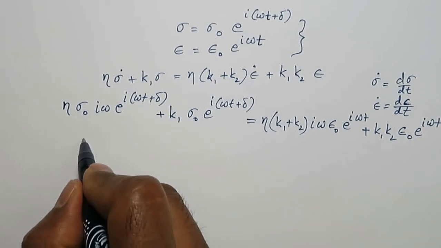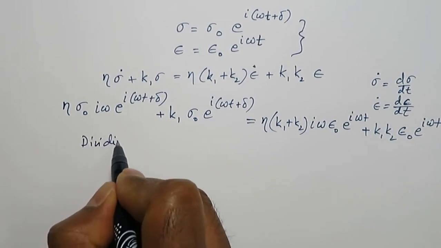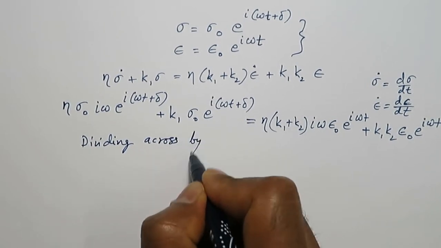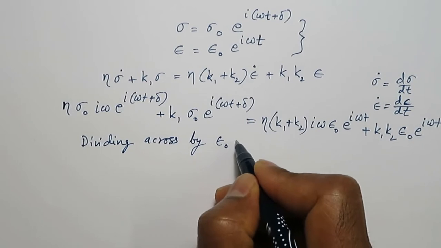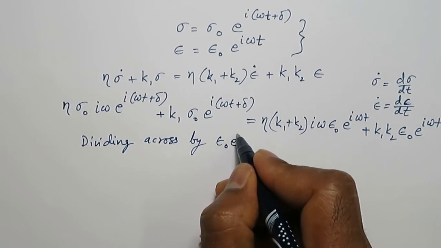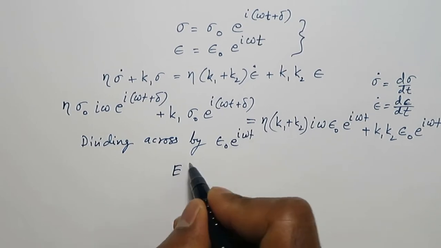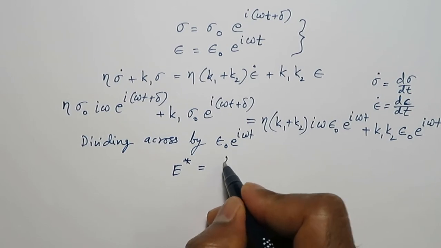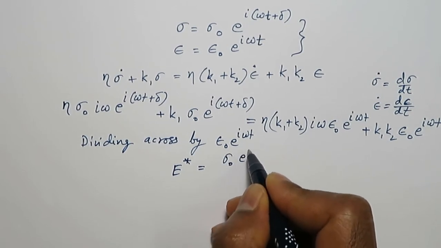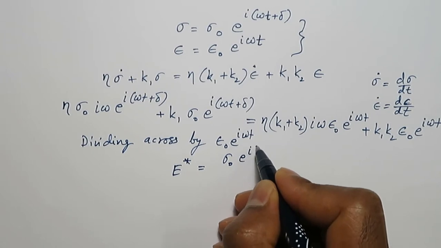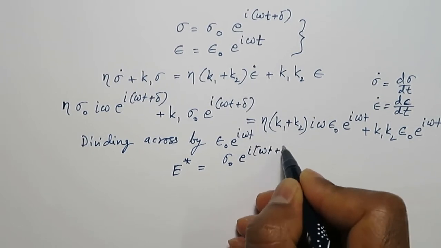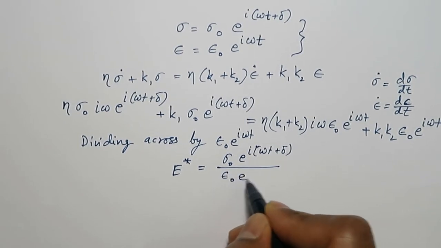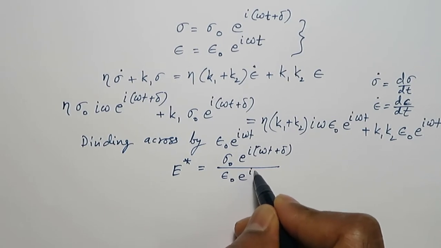Now, dividing across by epsilon naught e to the power i omega t, and also substituting E star for sigma naught e to the power i(omega t plus delta) over epsilon naught e to the power i omega t.